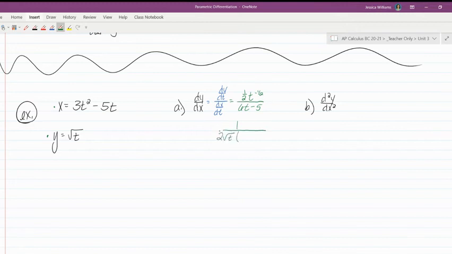I lost my 2. And then I have 6t minus 5. Is that better to differentiate? I don't know. Depends on your mood. I guess I'm going to rewrite it again because I don't feel like doing a quotient rule. I'm going to think of it like this. 6t minus 5, close, and the whole thing is to the negative 1.